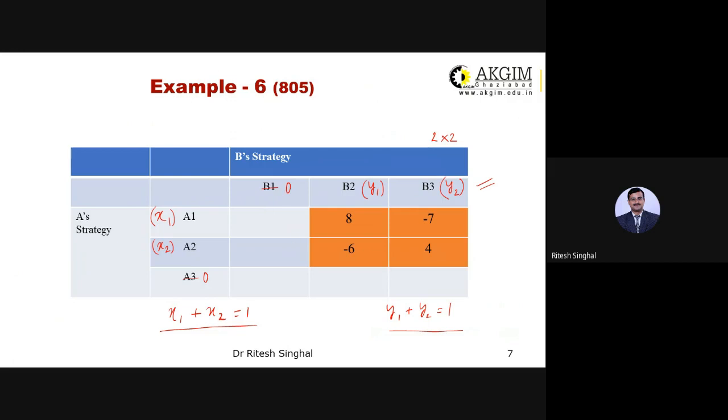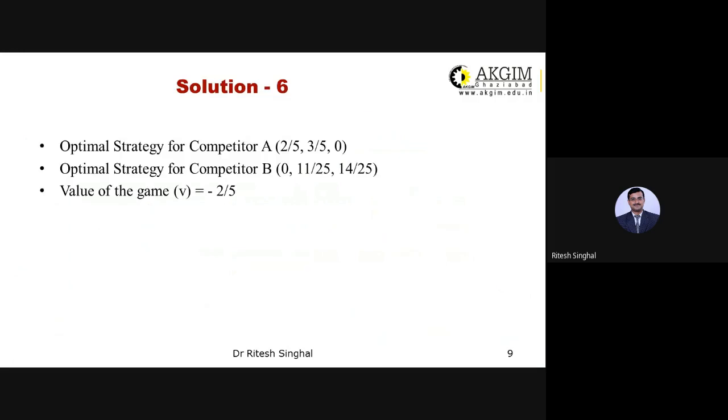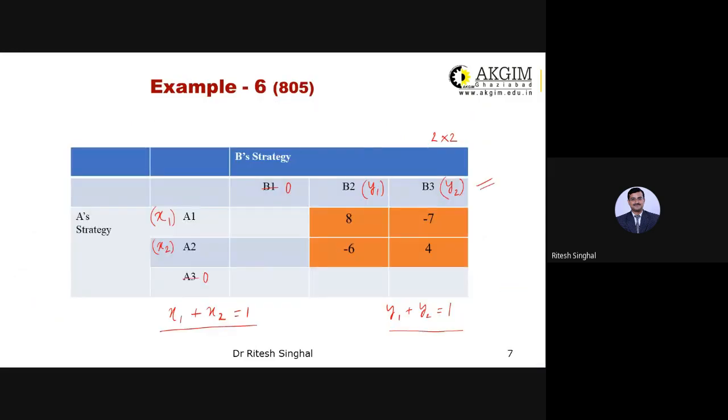Now write the values in this sequence: the optimal strategy for player A is 2 by 5, 3 by 5, and 0. Mind it, 0 is at the third position because you removed the third row. That is why 0 is kept at the third position.